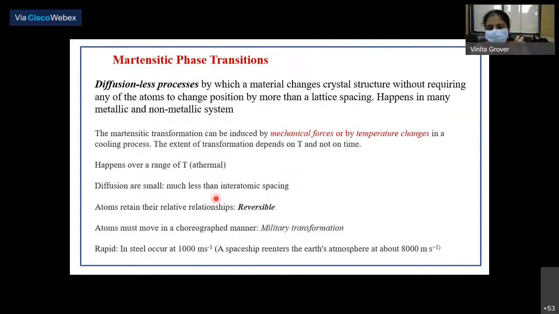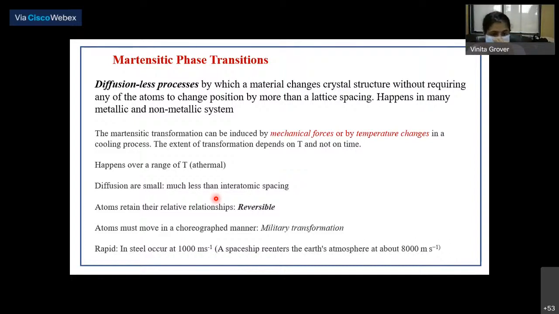In the phase transition, there is absolutely no diffusion of atoms from one side to another. It is a diffusionless process by which material changes crystal structure without requiring any of the atoms to change position by more than a lattice spacing. And it happens in many metallic and non-metallic systems.